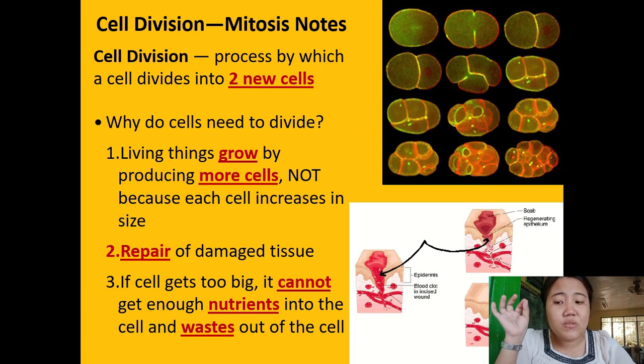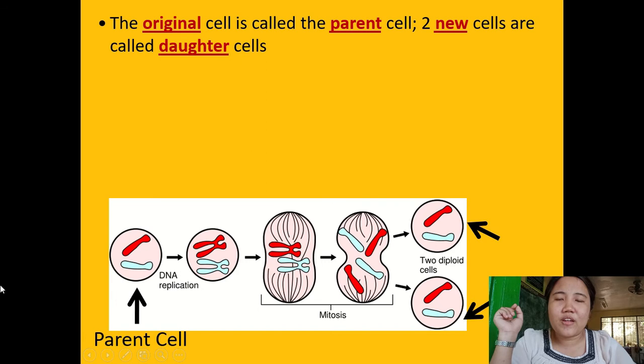So cells should stay small. It will not turn into a bigger cell, so that it can absorb and give out the microscopic substances needed for the activities within our cell.